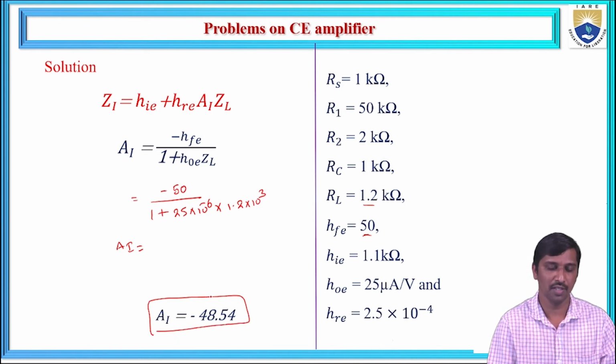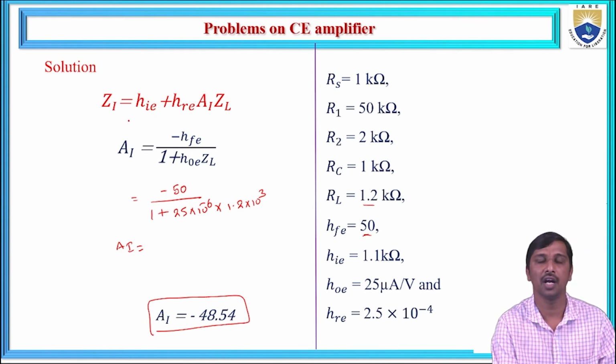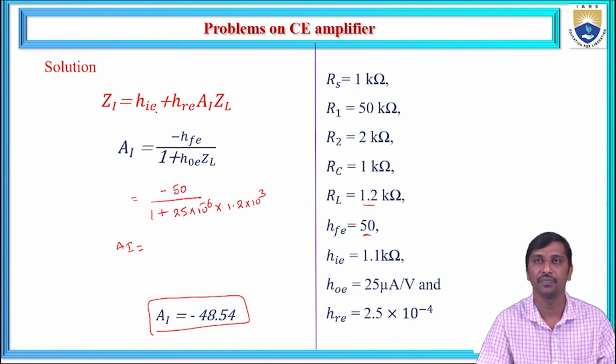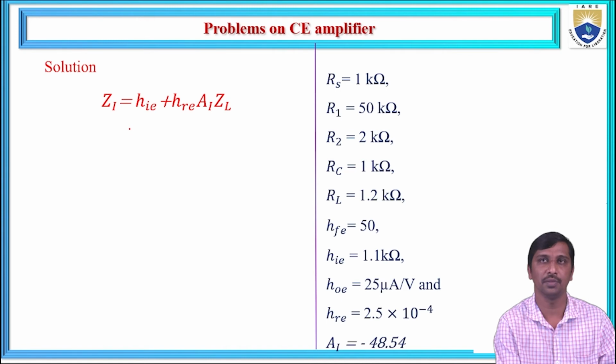Now we need to substitute this value in the input impedance to determine how much input impedance is offered by this amplifier circuit. So I am going to use ZI is equal to HIE plus HRE into AA into ZL.